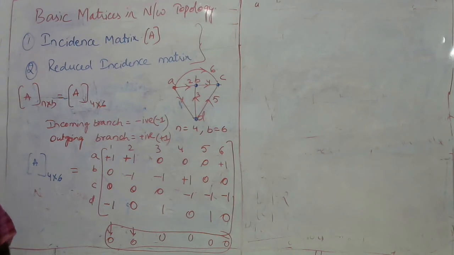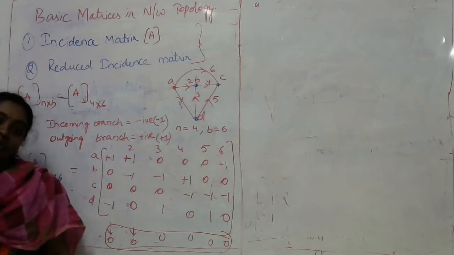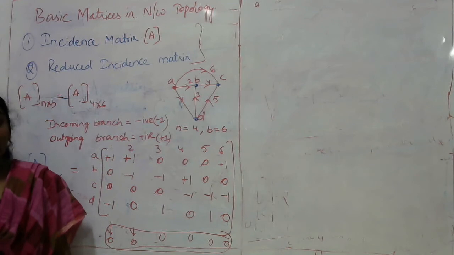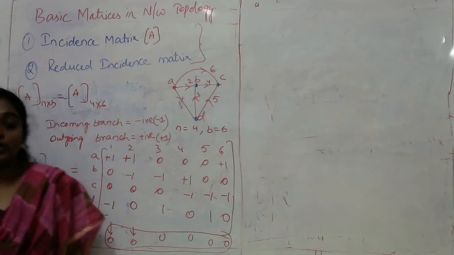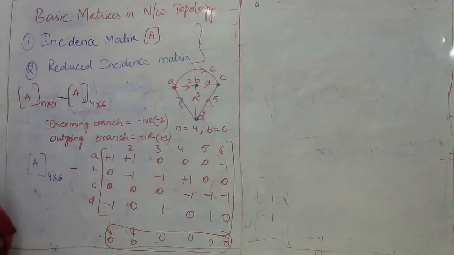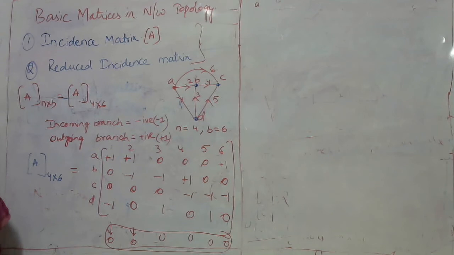If the determinant is equal to 0, then such a matrix is called a singular matrix.